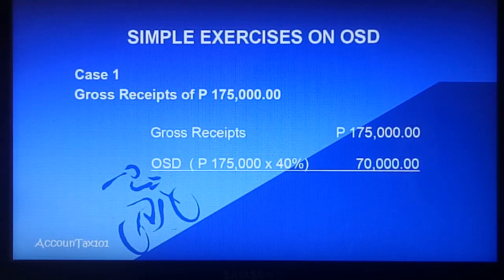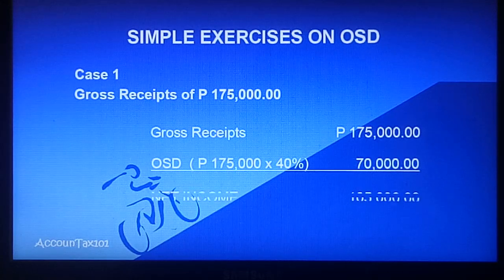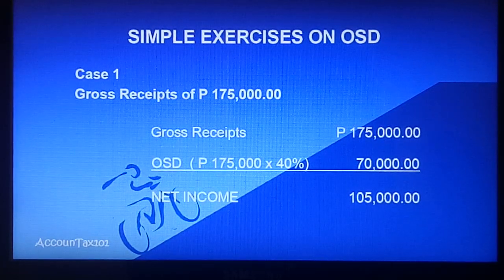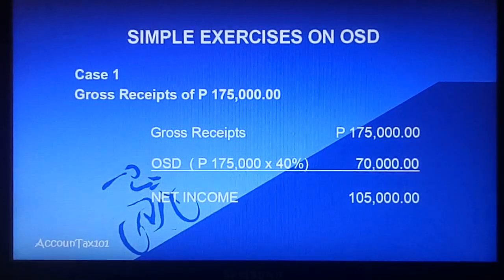So, meron na tayong gross receipts, meron na tayong OSD. Let us compute for your net income. So, paano kino-compute ulit? Gross receipts of 175,000 minus OSD of 70,000. So that gives us a net income of 105,000. O, diba? Simple lang mga ka-account tax.